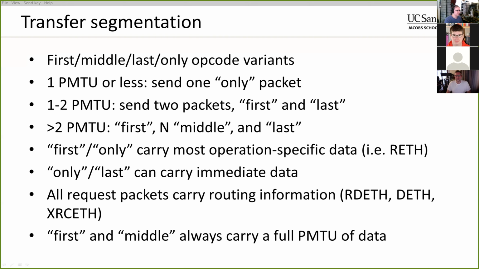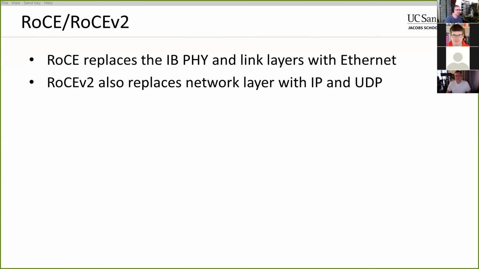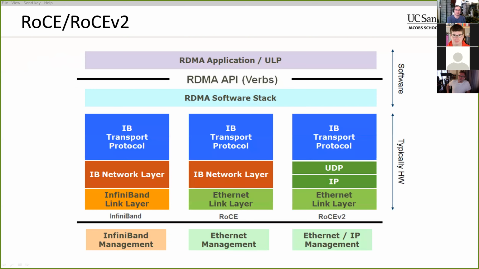All right. So that about rounds out everything I wanted to say about InfiniBand. So that brings us to RoCE and RoCE v2. With RoCE, the idea is to replace the InfiniBand physical and link layers with Ethernet. And RoCE v2 extends that to replace the network layer with IP and UDP. So this is a little summary of what this looks like.